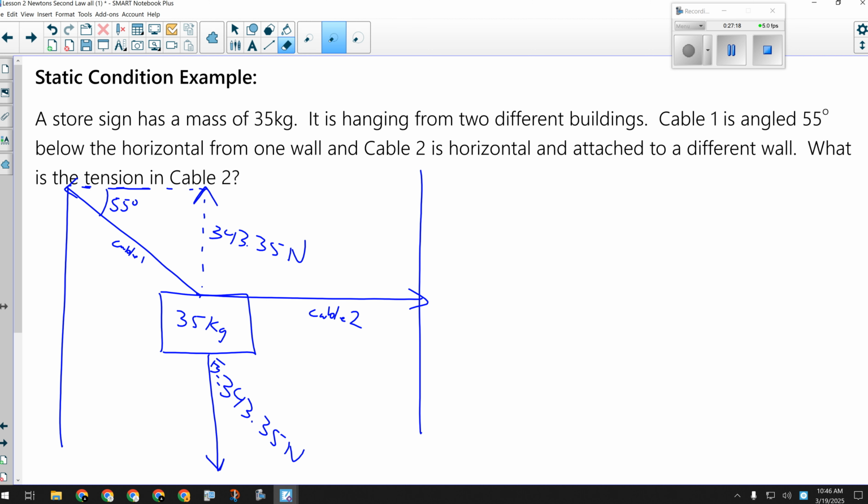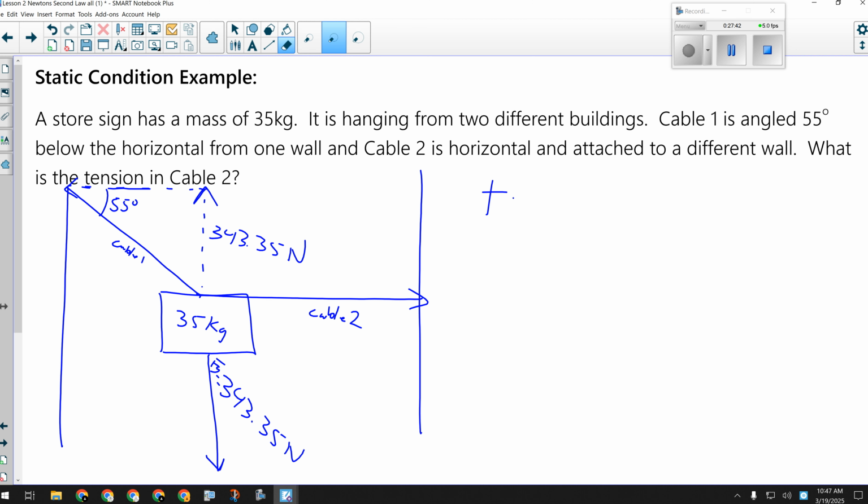The math here isn't going to be that hard. We multiply 35 by 9.81, and we're about to do a trig calculation to get the adjacent side using the opposite side. What trig function should I use? I have the opposite side, I'm looking for the adjacent side. Tan, yeah. So this side here is the adjacent side.